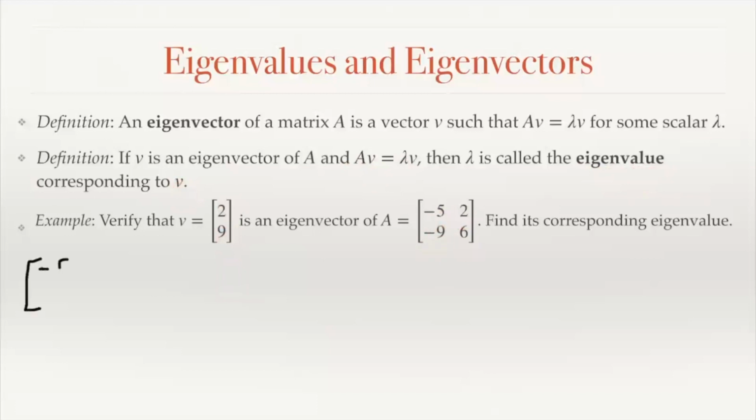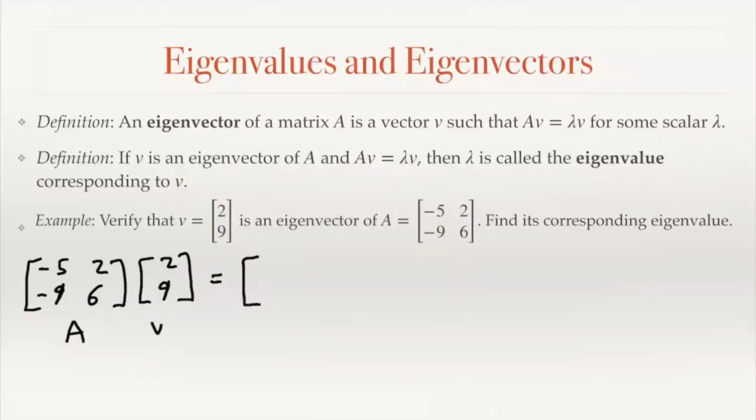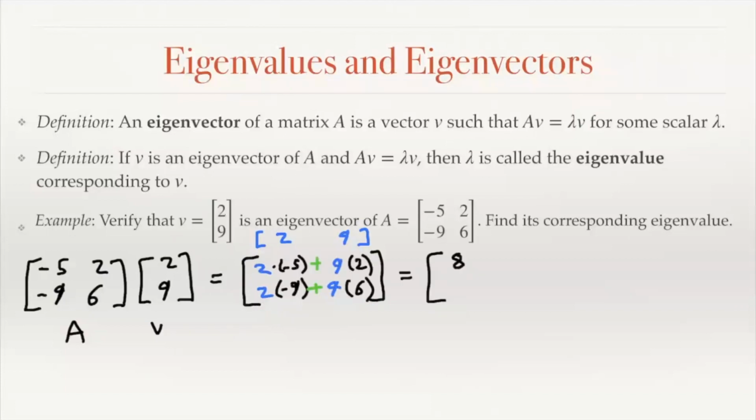So to do this, we'll multiply these two. So this is our Av. And multiplying these, remember that we want to hold 2, 9 over the matrix and metaphorically sprinkle down, where the sprinkling is multiplication, and we add. And computing that, we have 8, 36. And 8, 36 is a scalar multiple of 2, 9.